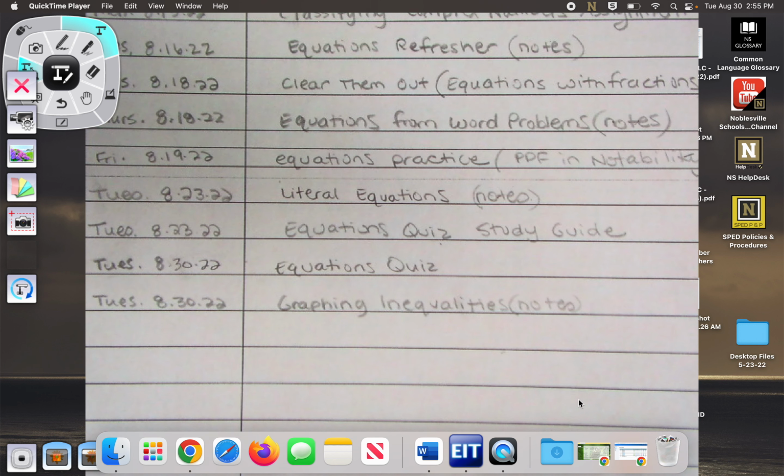This was the first one. The equation study. Oh, I was doing my quiz first. Why didn't you tell me that? Okay, I'm coming around with a practice page.